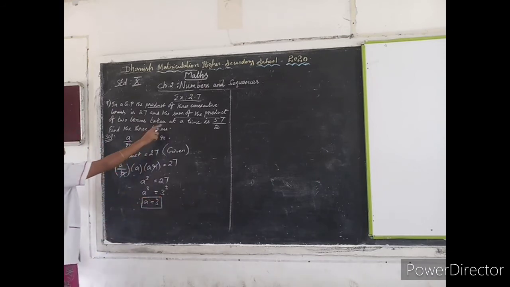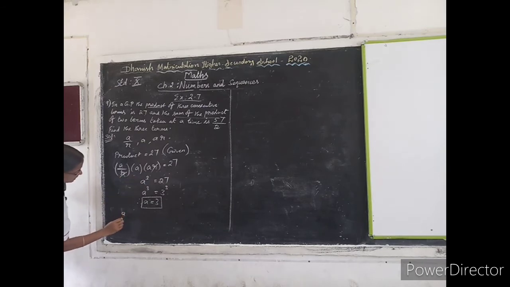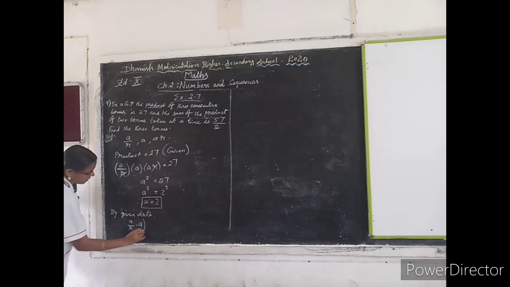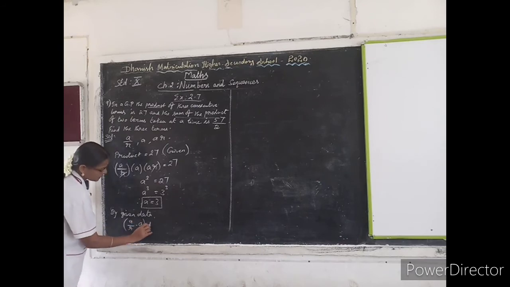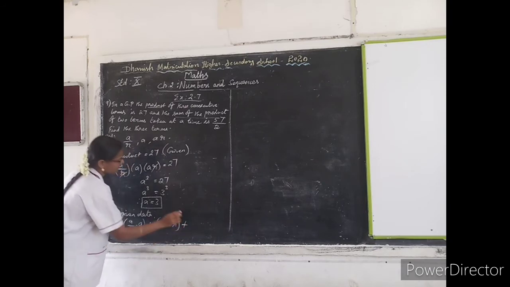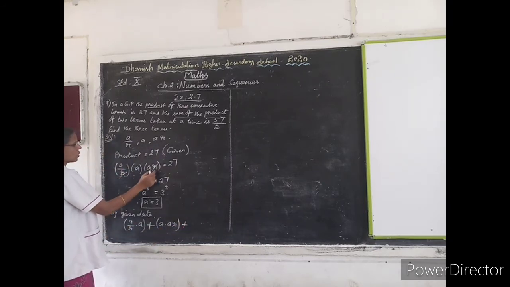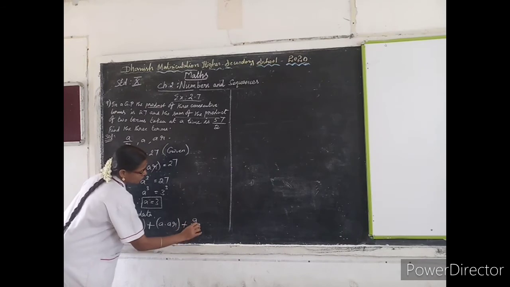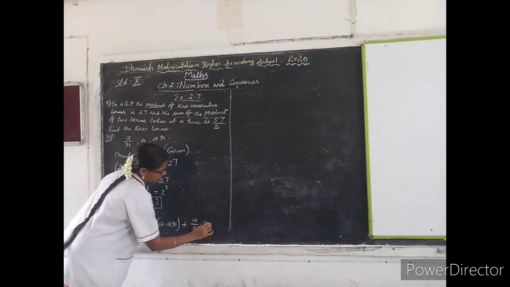Again by given data, the sum of the product of 2 terms. The first given condition is, by given data, the product of pairs: a/r into a, this is the first pair, plus a into ar, plus the first term into the last term, a/r into ar.